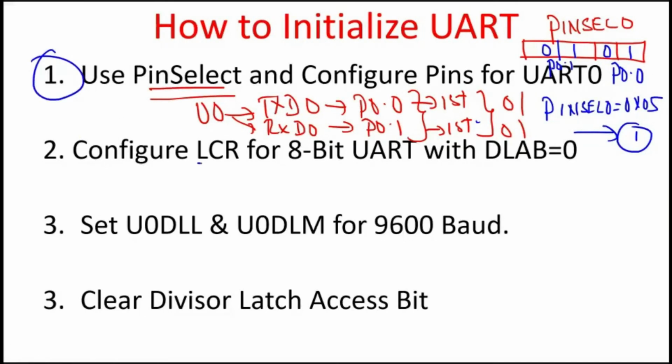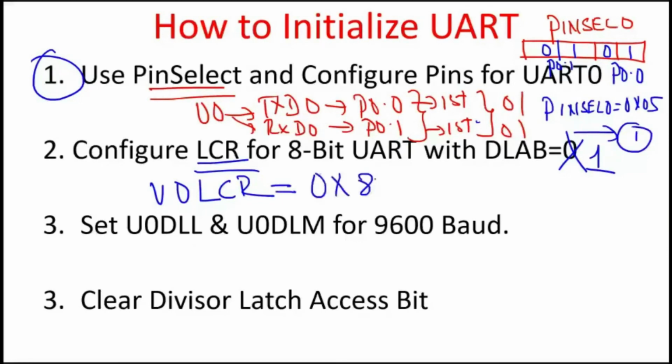Second thing, you use the line control register for 8-bit UART with the DLAB bit equal to 1, because you want to access the divisor latch. So UART0 line control register is equal to hexadecimal 83. What does 83 mean?